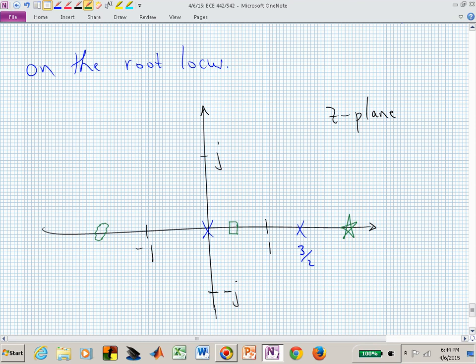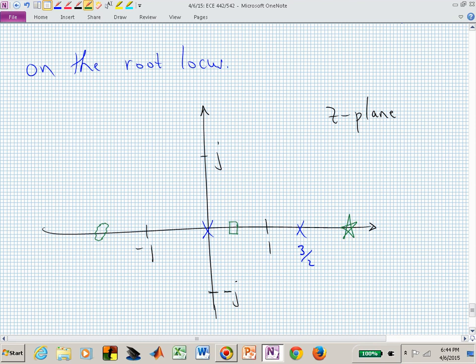But we have 0 minus 0, the angle from 3/2, minus 0, the angle at the origin. What's the overall angle? At the star, it's 0. And what was the angle supposed to be on the root locus? Minus 180. So that segment, that piece of the French bread, is not on the root locus.